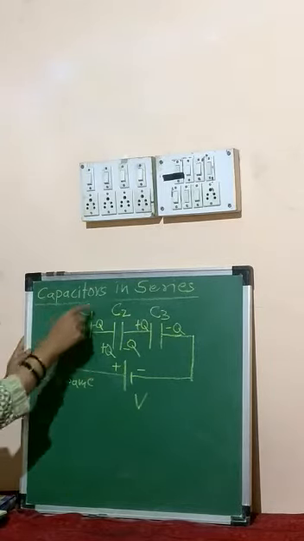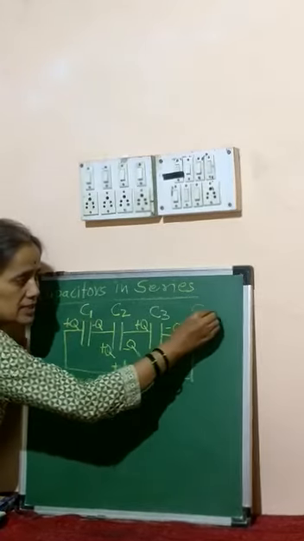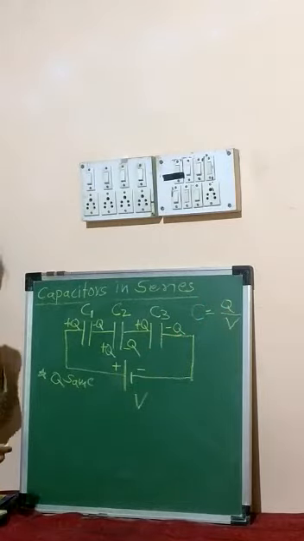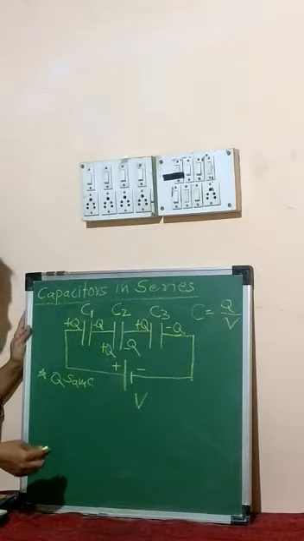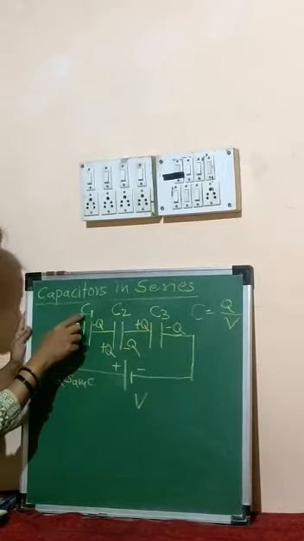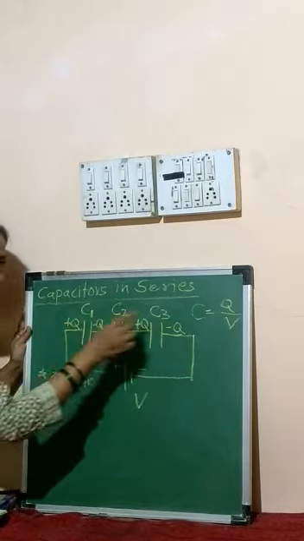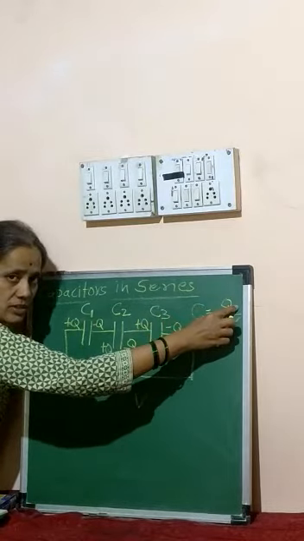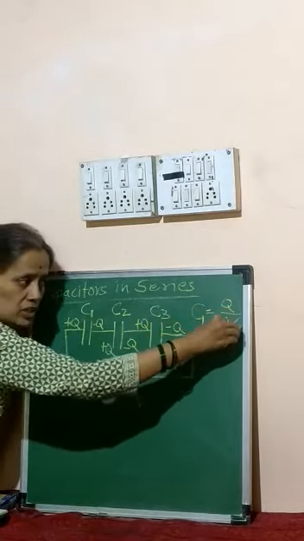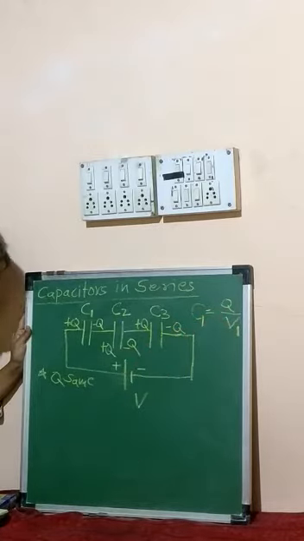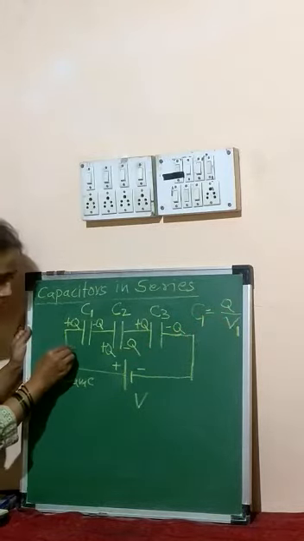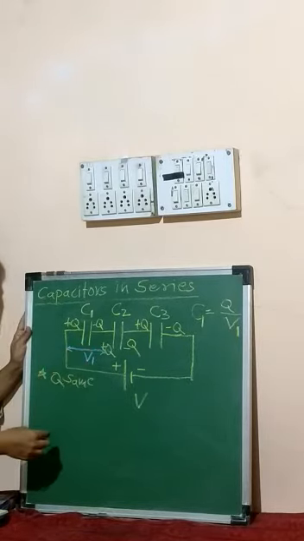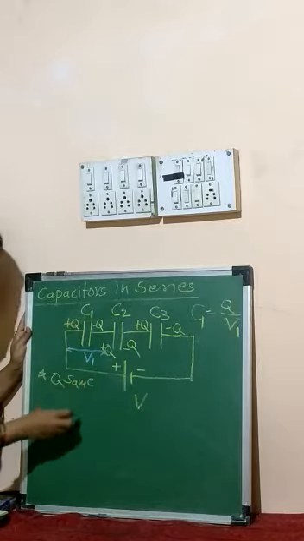Now what is next? We know that capacity C is equal to Q upon V. This formula we have seen in the previous lecture. Considering the first capacitor C1, the charge deposited is Q, and the corresponding potential I will call V1. Here the potential developed is V1 due to charge Q on C1.